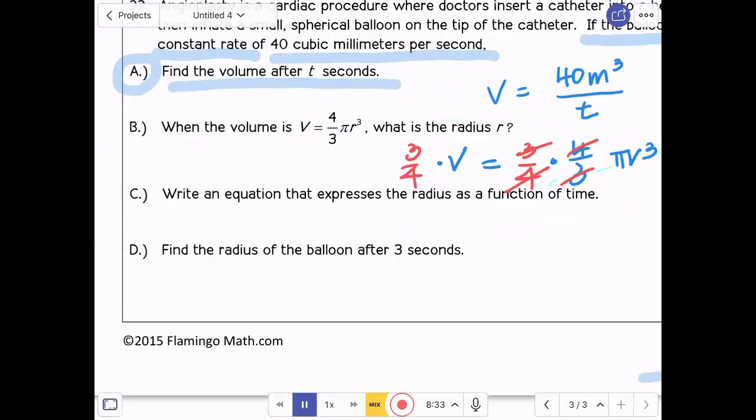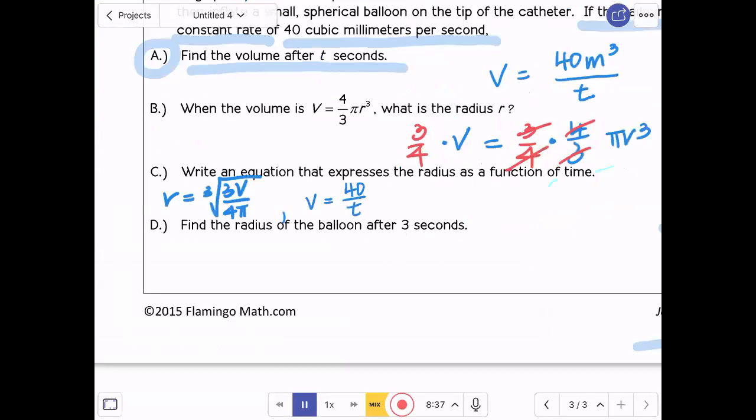For part C, write the equation to express the radius as a function of time. Your radius was the cube root of 3V over 4 pi. Your volume was 40 millimeters cubed times t; I just get rid of the units, so just 40t.